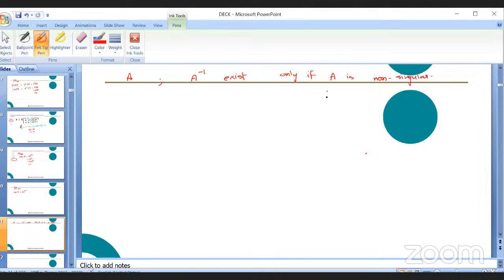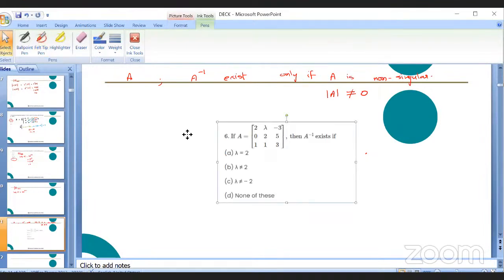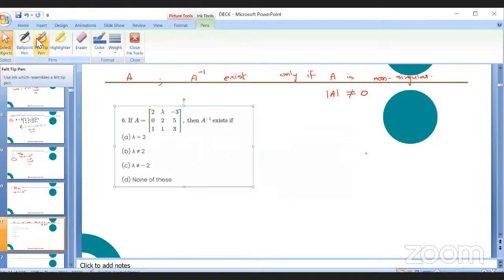The non-singular means what? Determinant of A should not be zero. Then only A inverse will exist. Okay. I am putting this question. Try.